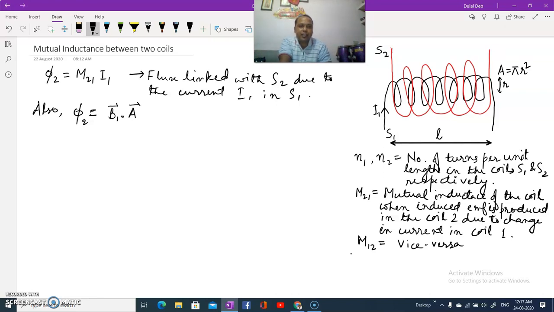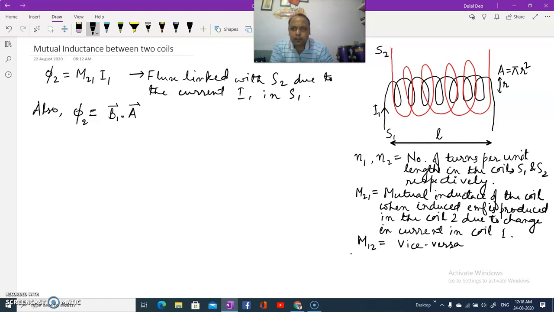And for the area, we do not consider the whole cross-sectional area of S2, because magnetic field is present only in the cross-sectional area A of the inner coil, since the current is flowing through the inner coil. So the area will be A only, the area of the first coil.